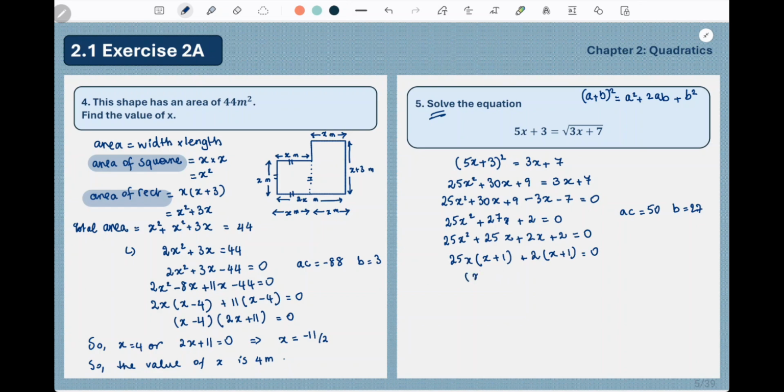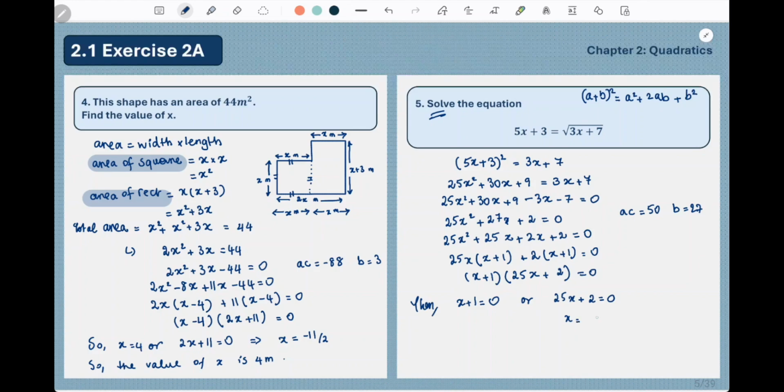So factorizing by x plus 1, (x plus 1)(25x plus 2) equal to 0. So either x plus 1 equal to 0 or 25x plus 2 is equal to 0.